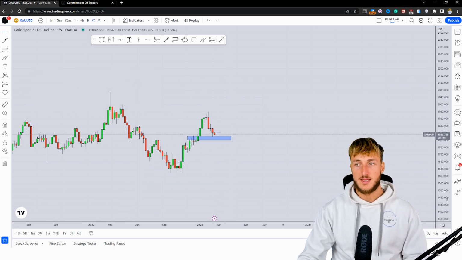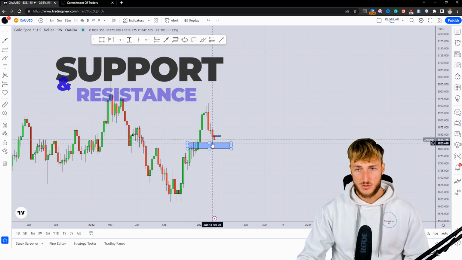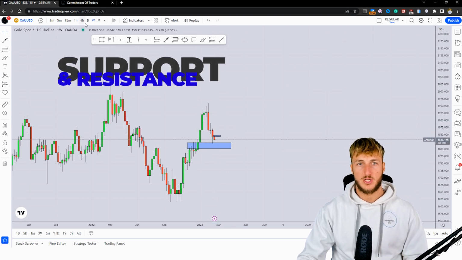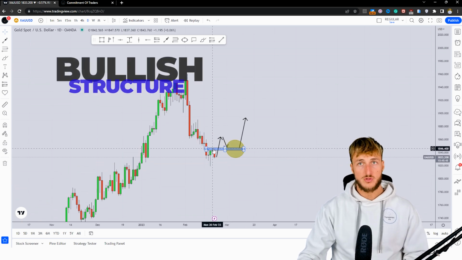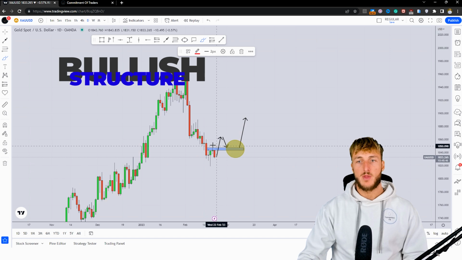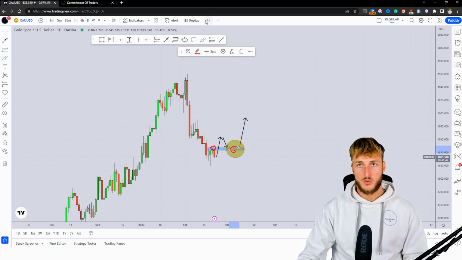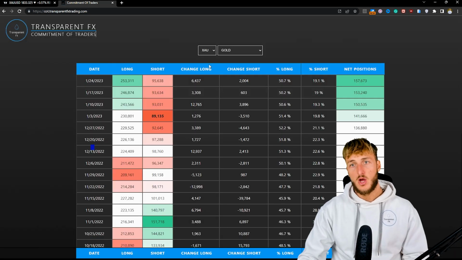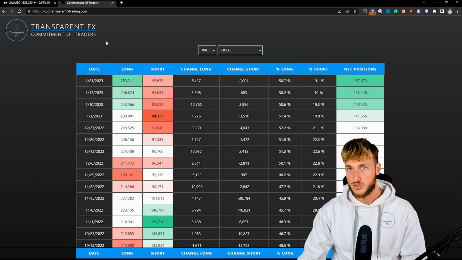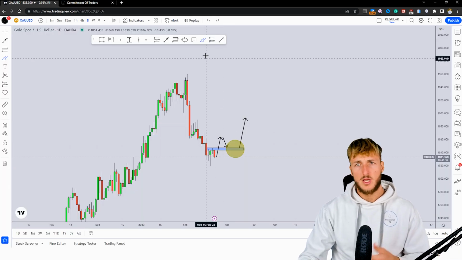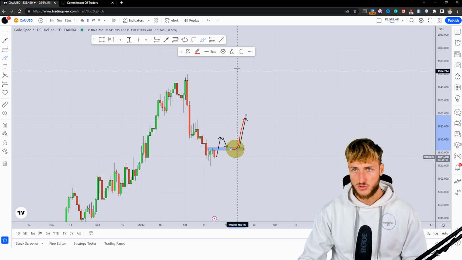The weekly is testing the previous weekly resistance turn support, from which we expect a potential rejection higher. And here on the daily, at that point, we would have bullish structure and a retest of previous daily resistance turn support, while at the same time, the net positions, so the positioning from an institutional perspective, is shifting to the bullish side. So at that point, we would have good probabilities for a potential move higher.